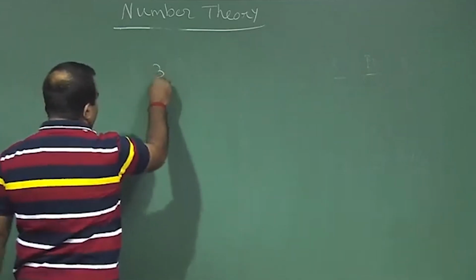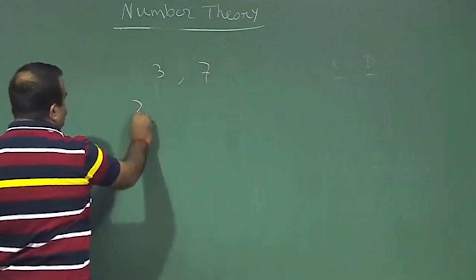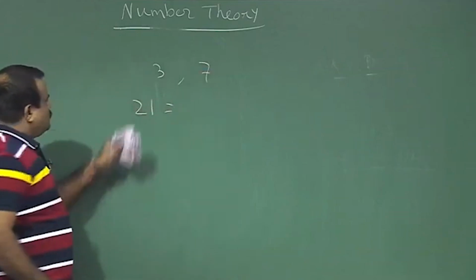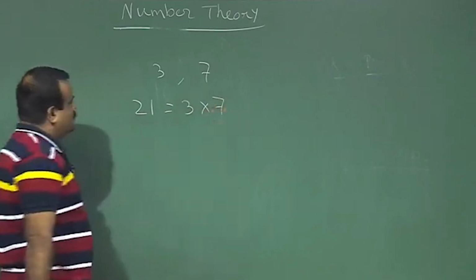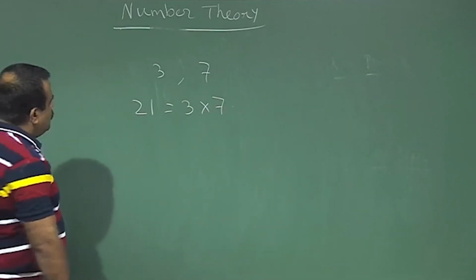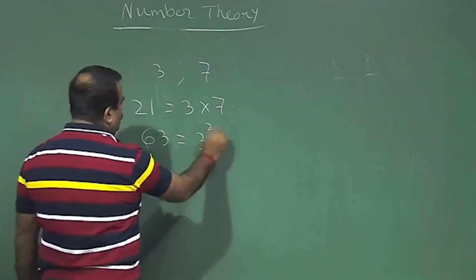Say 3 itself is a prime, 7 itself is a prime. Suppose you have 21, not a prime, but it can be written as a product of two primes. Now, if we have 63, it can be written in this form.